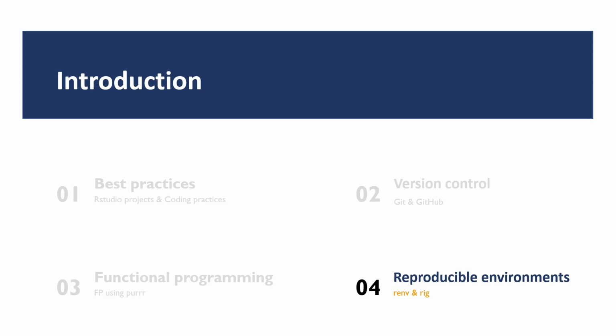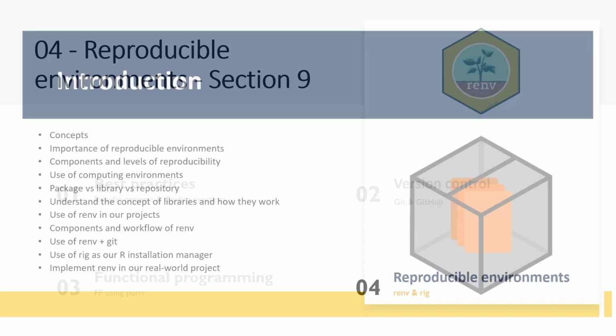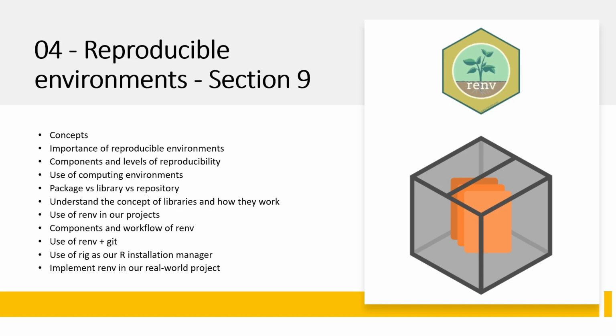And now we will see the last block, which is about reproducible environments. Reproducible environments belong to section number 9, and here we will learn about different concepts about reproducible environments. We will see their importance, what the components and different levels of reproducibility are.